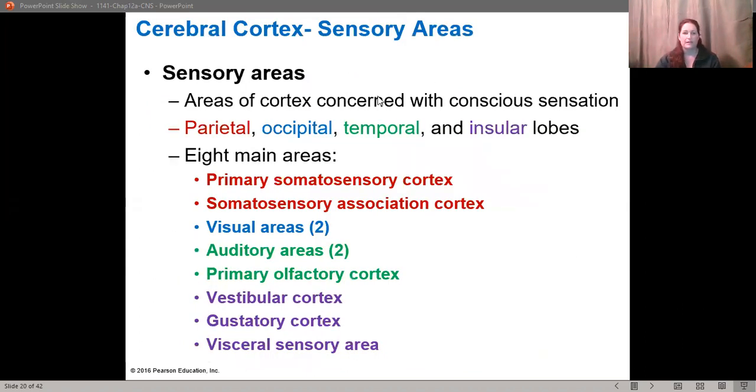We're going to look at these areas next, and they are color coordinated with their lobe. We're going to move from front to back, and these are all sensory. So frontal lobe is motor and everything else is sensory.